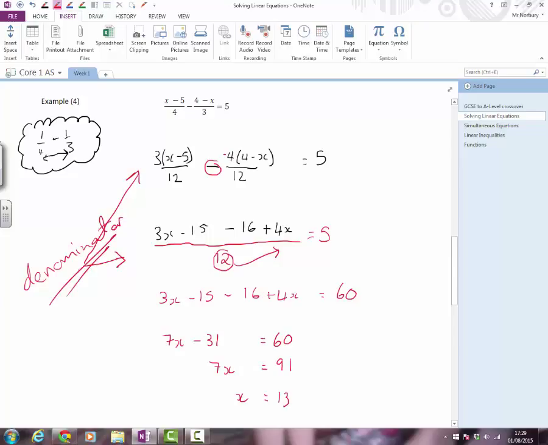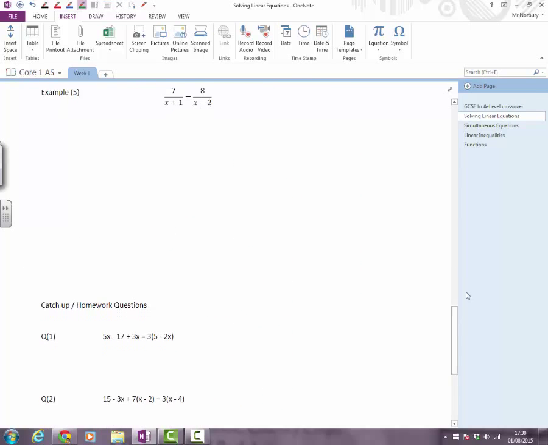Now, we can do that using the grid method or anything like that, but at this stage I'd like you just to pause the video, check that you're okay with what I've done there, because there were a few little tricks that I'd used, such as when I used this bit here and I pretended that the negative was with the 4. So, little tricks. Remember, pause the video and go over this at any time. Now I'm going to move on to the last question, before you have some catch-up questions to do yourself.